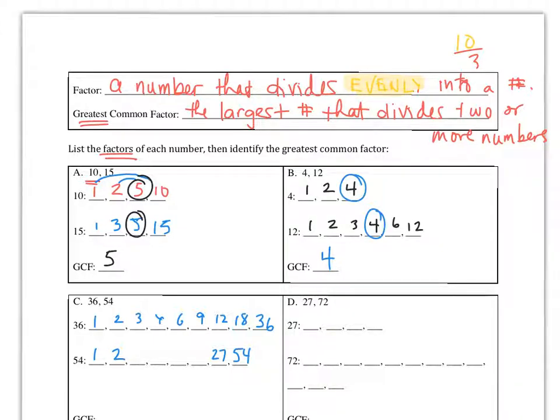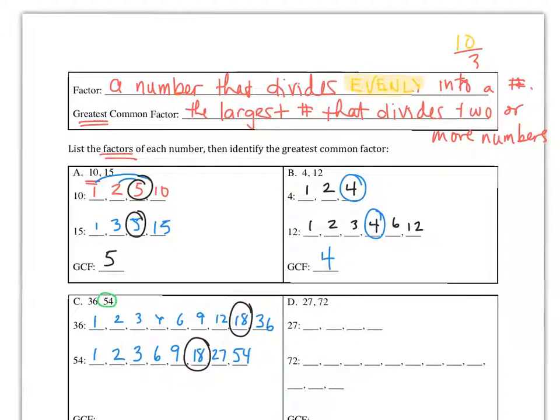Hopefully you learned at some point that when the digits get added together, 5 and 4, and get a 9, if 9 is divisible by 3, then that means 54 is divisible by 3. So now, 3 times 18. Okay, and then 54, the last one would be 6 and 9. All right, what's the largest number that's in both lists? 18. Okay, and some of you struggled getting the 18.